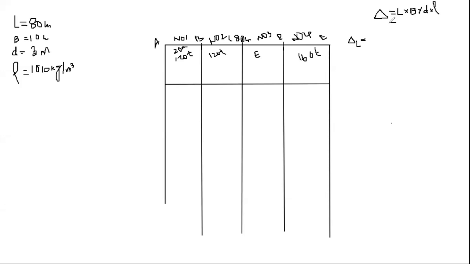So we can calculate from this, 80 multiplied by 10 multiplied by 3 and multiplied by 1.01. So we can get a value. If you calculate, 2424 you will be getting.